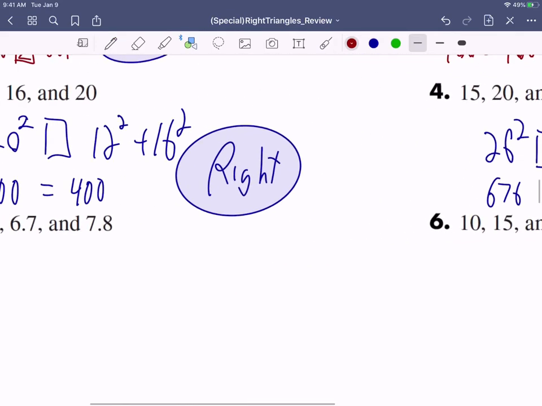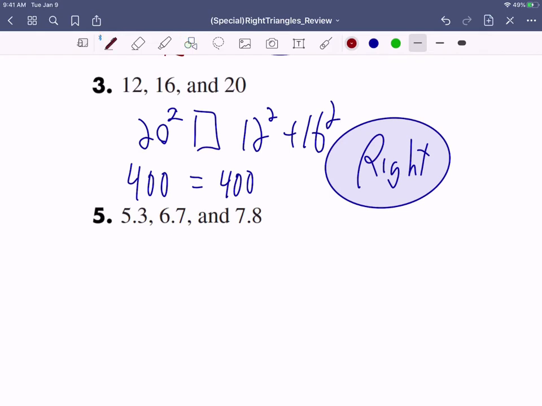Moving on. All right, so 7.8 squared blank 5.3 squared plus 6.7 squared.